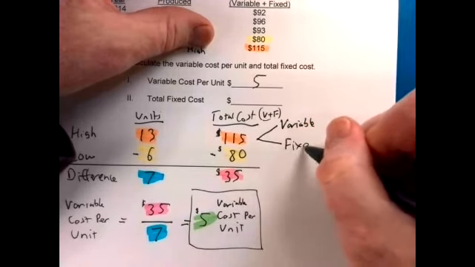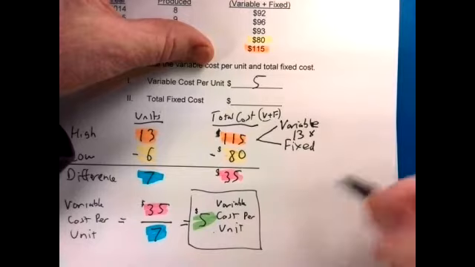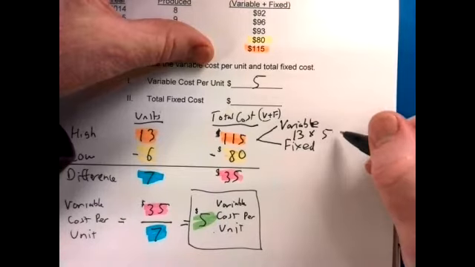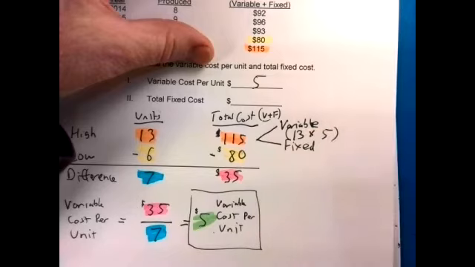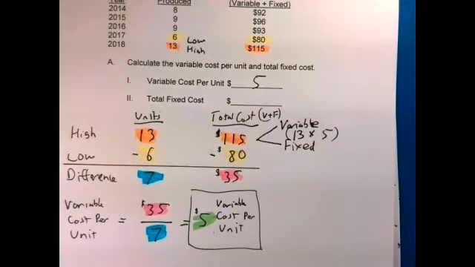The variable cost, we have 13 units times the $5 each. Give myself a little more space there. We know that each one of those units costs $5, so 13 of them, 13 times 5 equals 65.